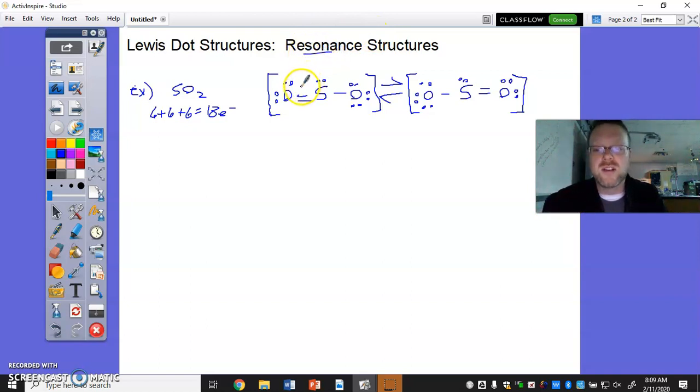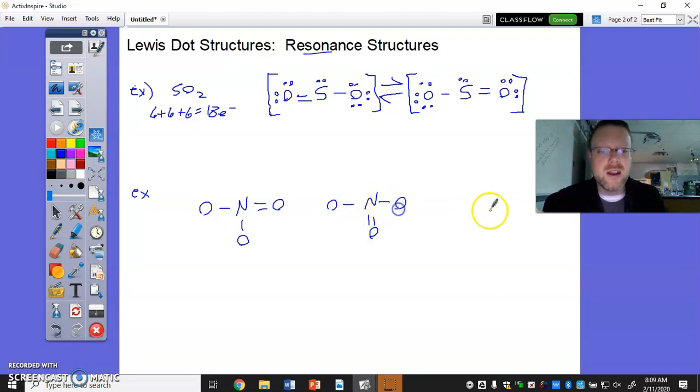So these are resonance structures. Maybe one slightly more complicated model would be something where you had a triple bond or 2 single bonds, or a double bond and 2 single bonds. This double bond can move around to any of these other oxygens, and so you might end up with a scenario where you actually had 3 different resonance structures for something like a nitrate molecule.